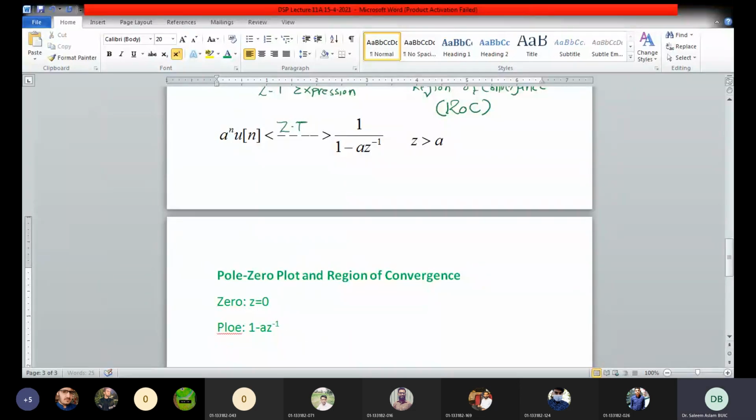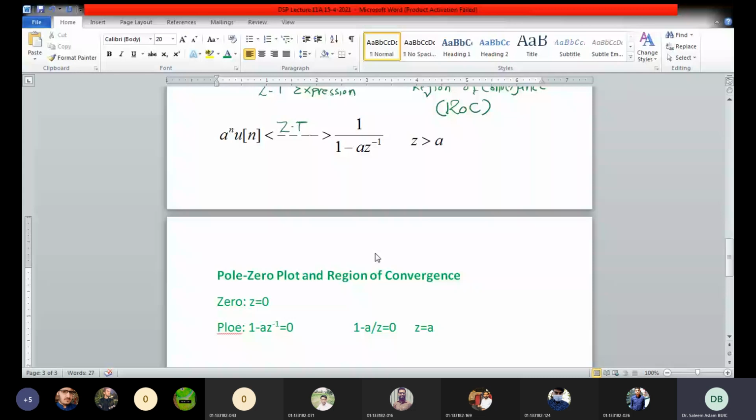Okay, so from here we can say 1 minus a by z is equal to 0, and from here you can compute that z is equal to a.